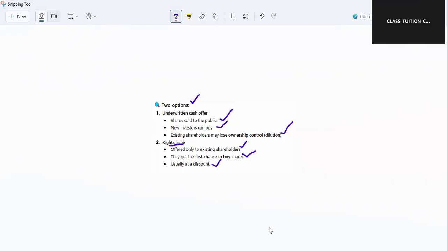So which of the two do you think, looking at the situation that Finozet has? Would it be the rights issue or the first option, the underwritten offer?